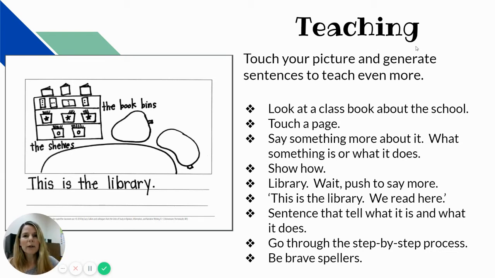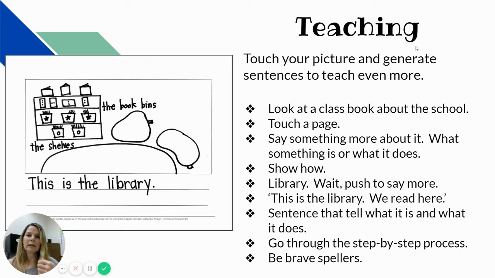That's another sight word. So then you're going to look at your word wall in your classroom and write that word down. This is the. The, T-H-E, I know that's a sight word. I know that one. So you're going to look at your word wall and copy that word down. This is the library.